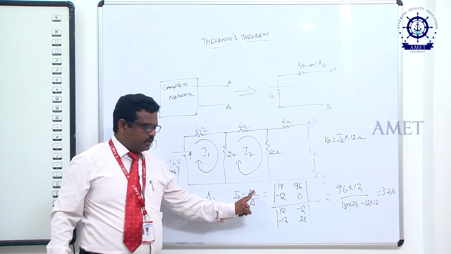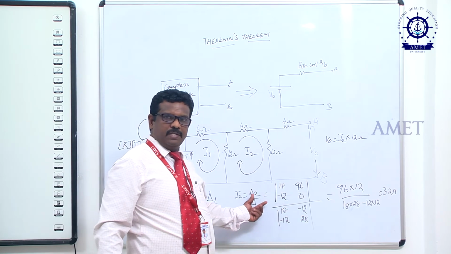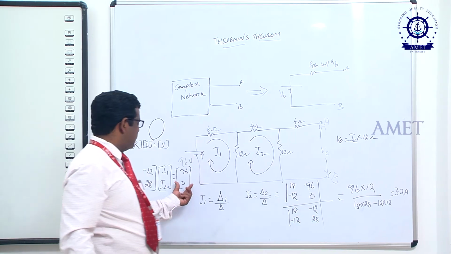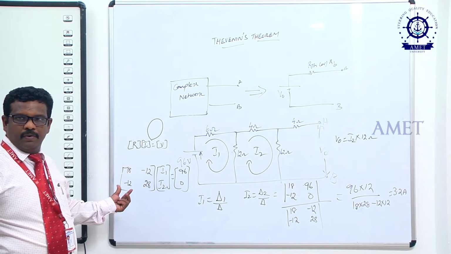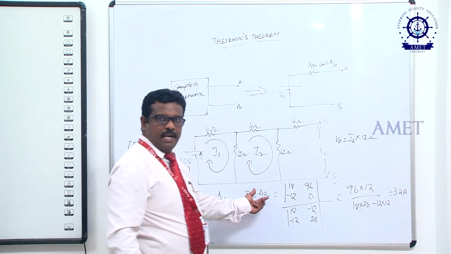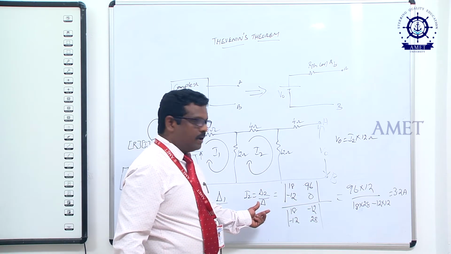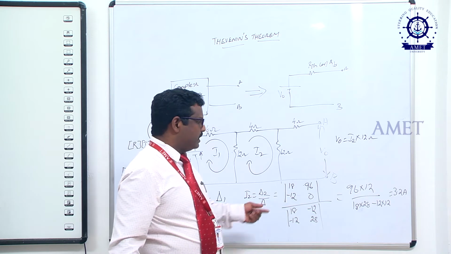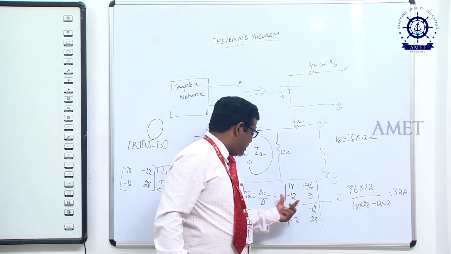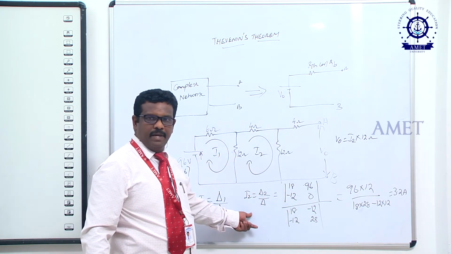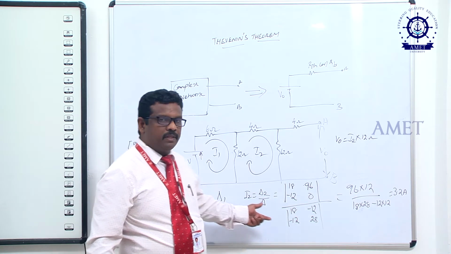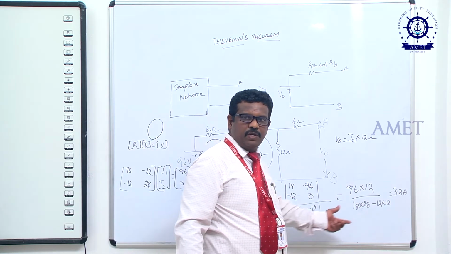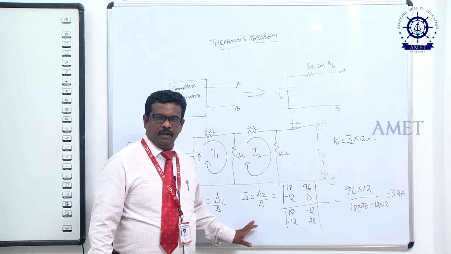Delta 2 is nothing but substitute the voltage column in the second column. The determinant of this matrix is called the delta 2, divided by the delta, that is called the I2. From this we can find out I2 is equal to 3.2 amps.